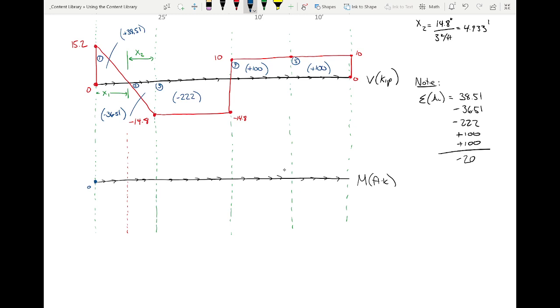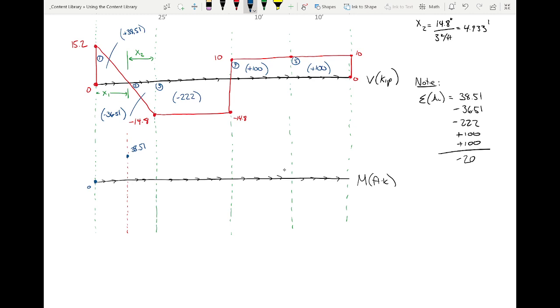Okay? Now, let's talk about this first region. We start at 0. How much do I jump up? 38.51. So I need to be 38.51. Now, we have two options.